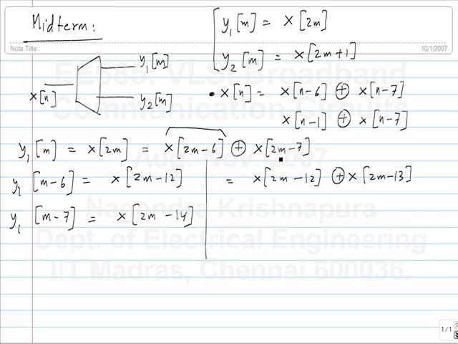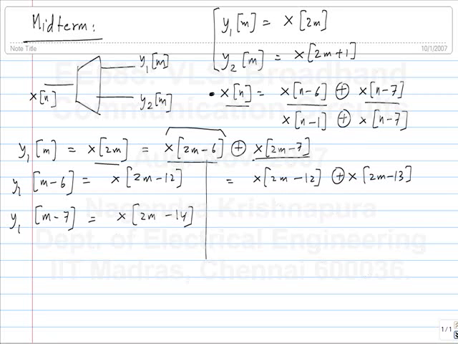X of n is the XOR of X of n minus 6 and X of n minus 7. So every X at n is the XOR of the ones before, 6 bits and 7 bits. So X of 2m is an XOR of X of 2m minus 6 and 2m minus 7. So X of 2m minus 6 itself is X of 2m minus 12 XOR X of 2m minus 13.